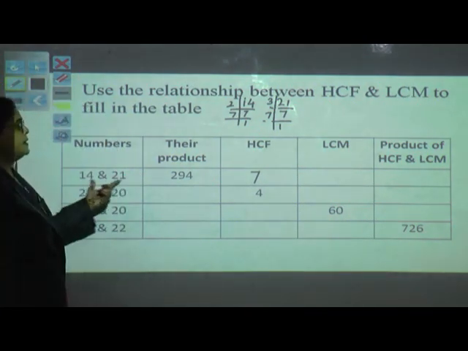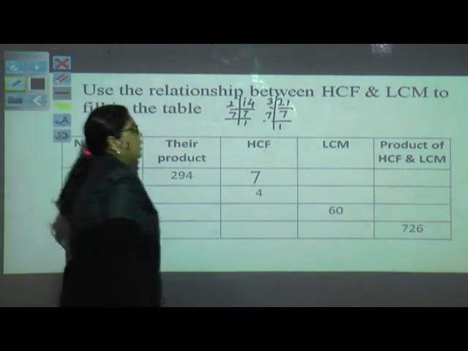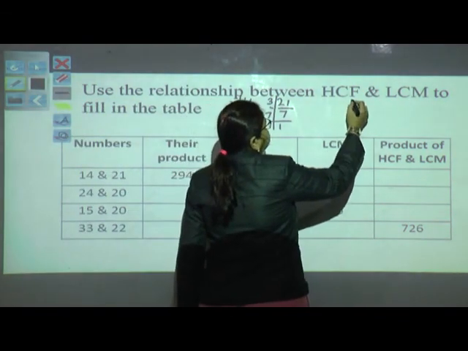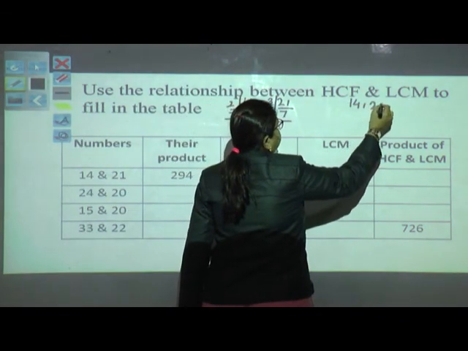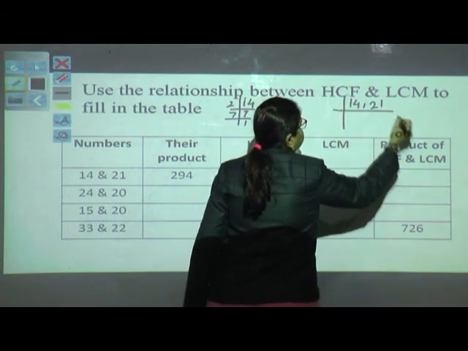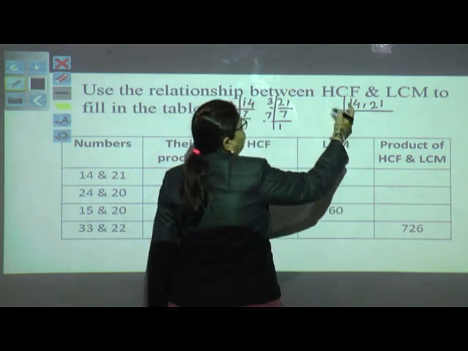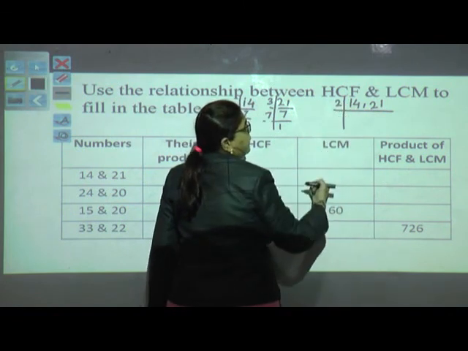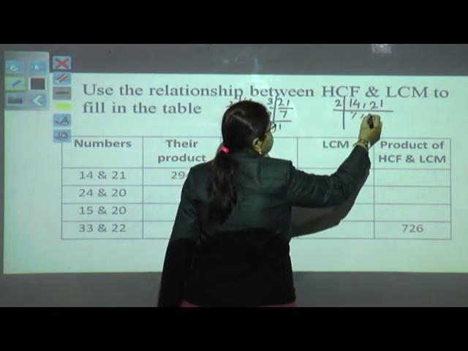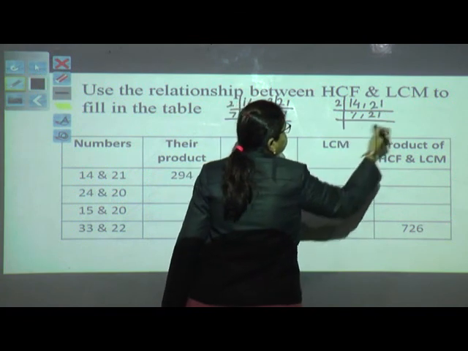Now what about the LCM? We have to find the LCM for 14 and 21. Can we go for 2? Yes, we have one number that is even, 2 7s are 14, and write 21 as it is.